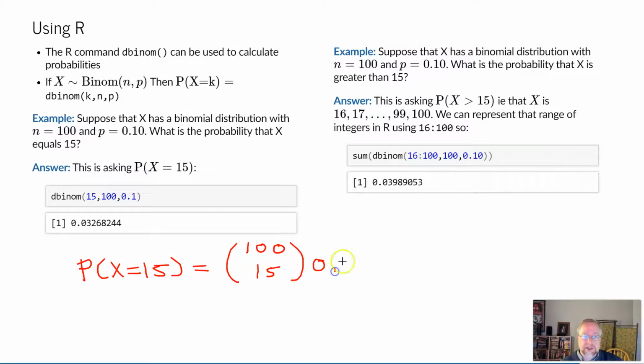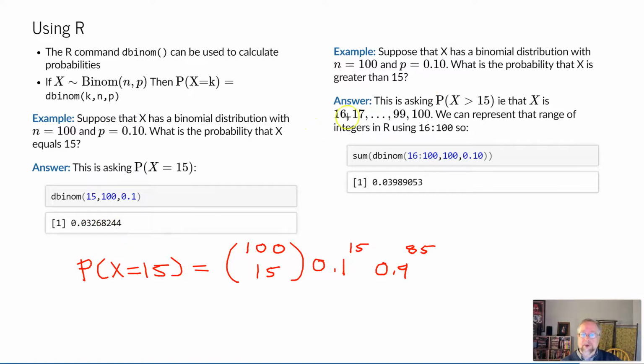Each one of those successes is probability of 0.1. So the failures are 90%, and there should be 85 of those. So 100 factorial, your calculator would break on that. So you'd want to use the 100 times 99 times 98. And I would usually start canceling things out myself by hand just to make it a little bit easier. But when all is said and done, what we would get is about 0.03268.